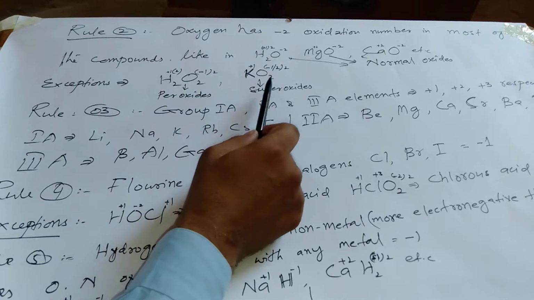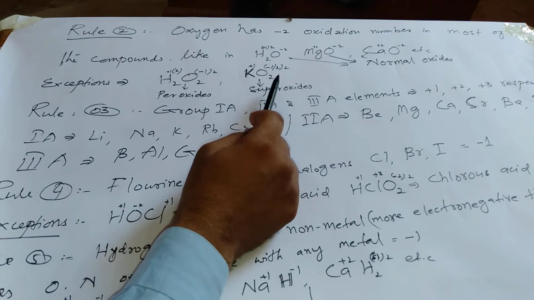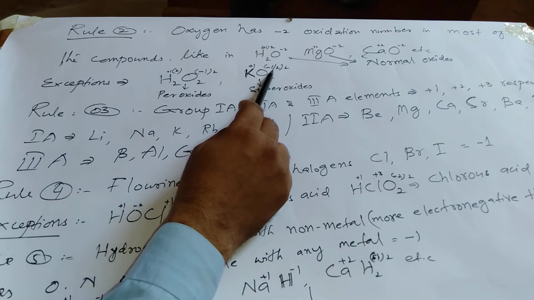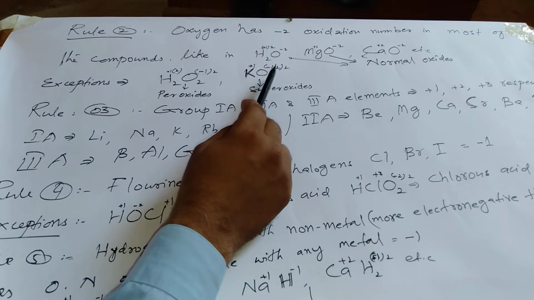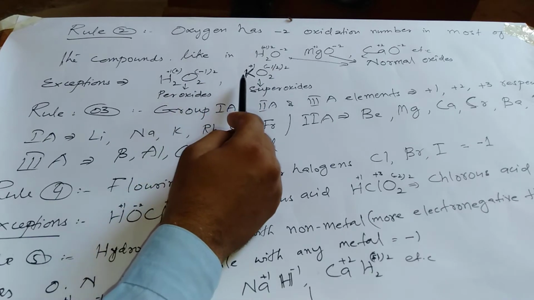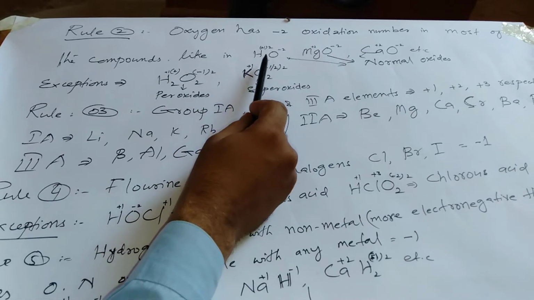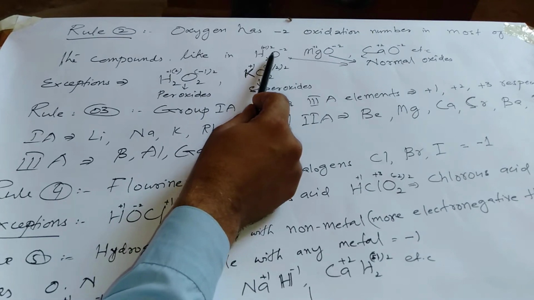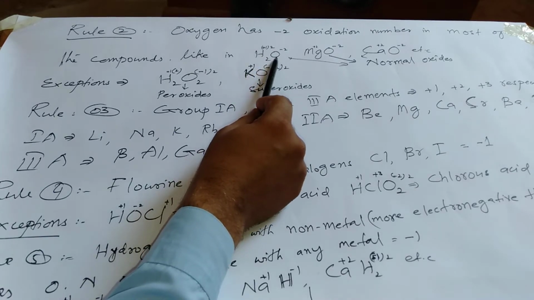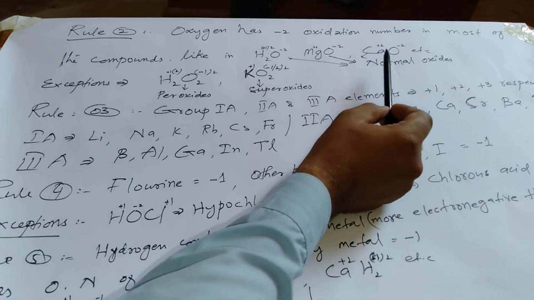While in superoxides, oxygen has -1/2 oxidation number. So these are certain exceptions. While the compounds in which oxygen has oxidation number -2 are called normal oxides.